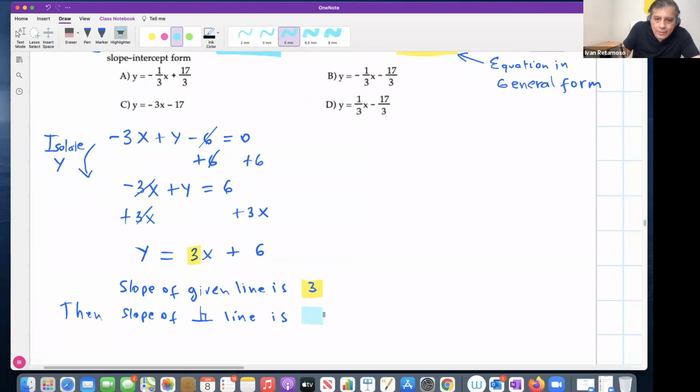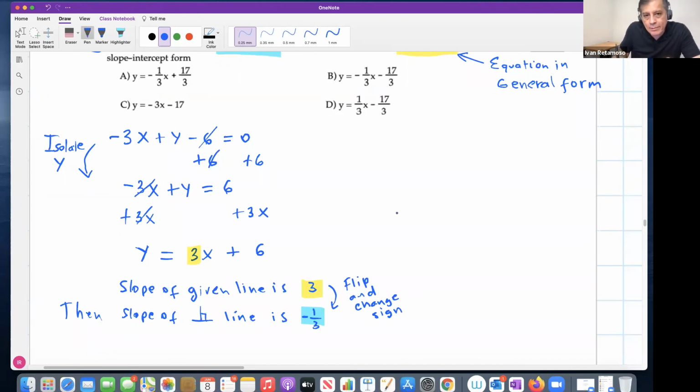We have to flip and change sign. So if we flip, we're gonna get 1/3, because it's 3/1. And if we change the sign, we will get minus 1/3. That will be our slope, right? Minus 1/3.